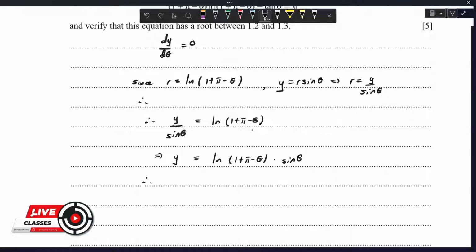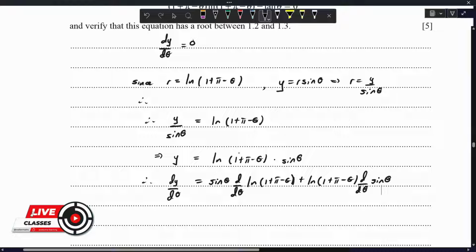So when we do dy by d theta, it's a product: sine theta times the derivative with respect to theta of ln of 1 plus pi minus theta, plus ln of 1 plus pi minus theta times the derivative with respect to theta of sine of theta.